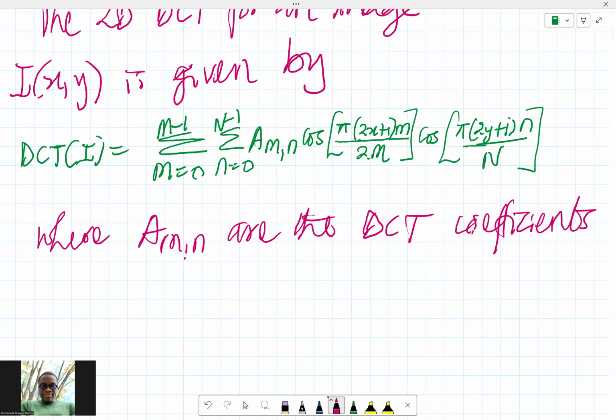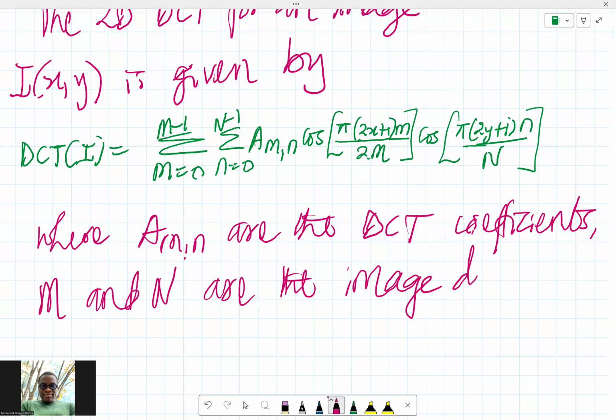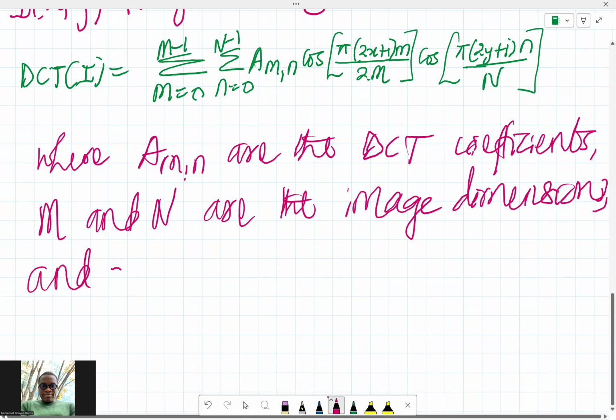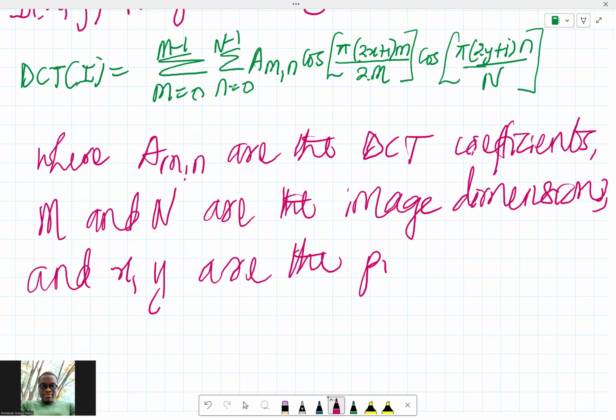Big M and big N are the image dimensions, and x comma y are the pixel positions.